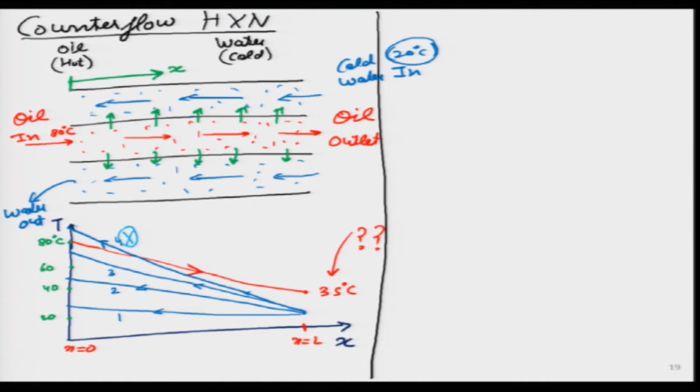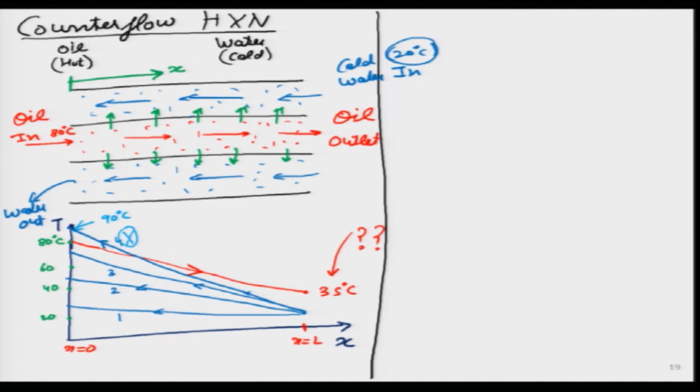Which means the exit temperature of water, if let us say according to the scale it is 90 degree, it can never rise its own temperature more than the highest point temperature of the whole system. The hottest oil which enters inside the system is at 80 degrees, which means we have kind of answered ourselves that perhaps the maximum temperature that can be achieved is in this particular zone.